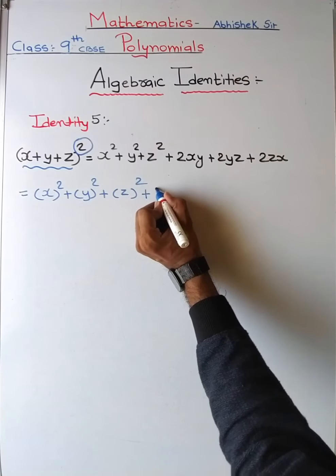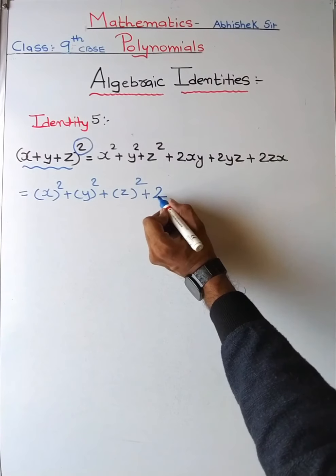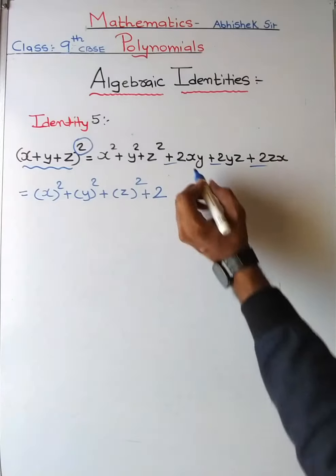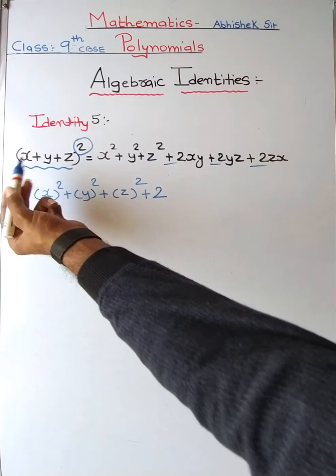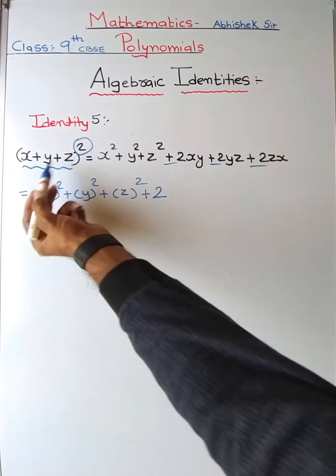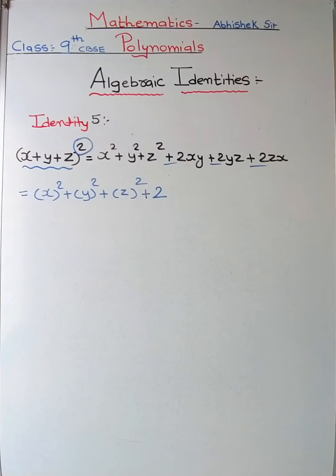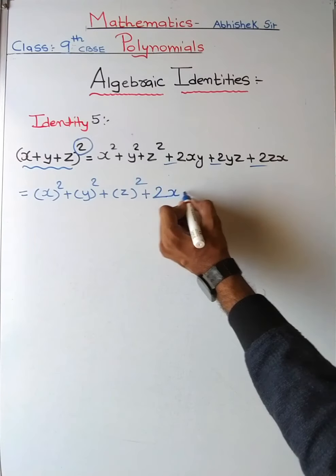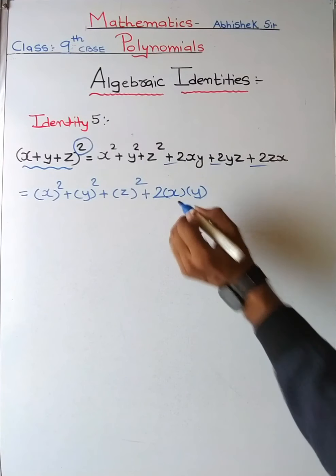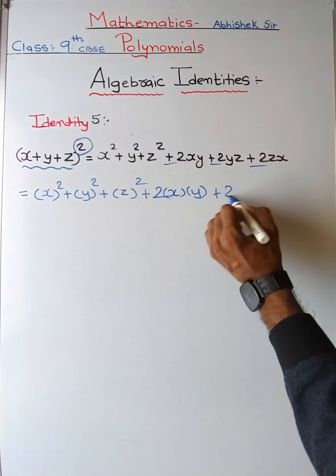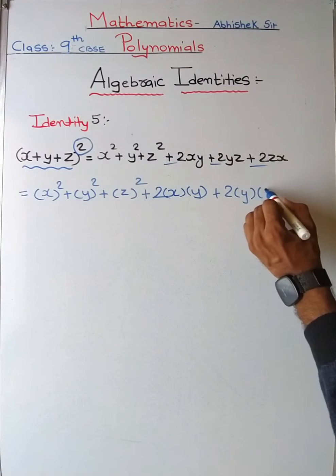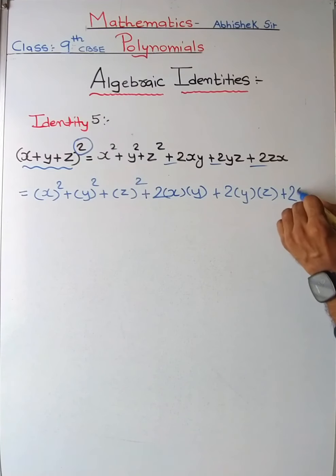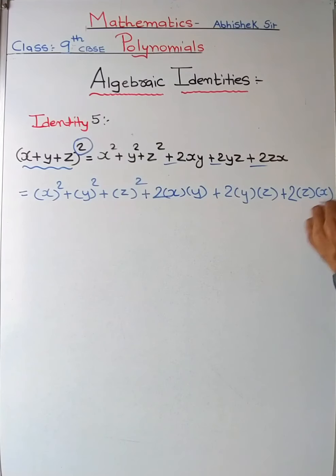The plus 2 will be in the rule for the last three terms, and then simultaneously we'll move on to pick two different variables. So it is the first two, 2 into x into y, then we have the next two, that is y into z, and then finally we have the next two, that is z and x.